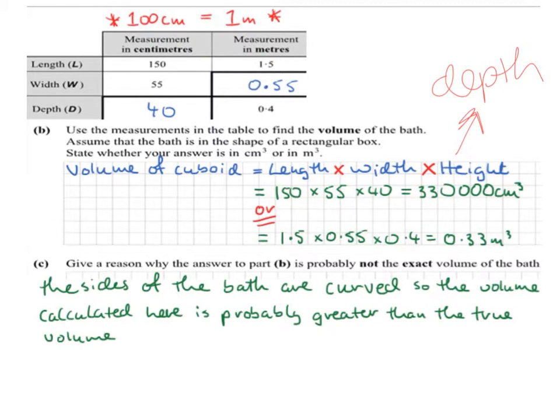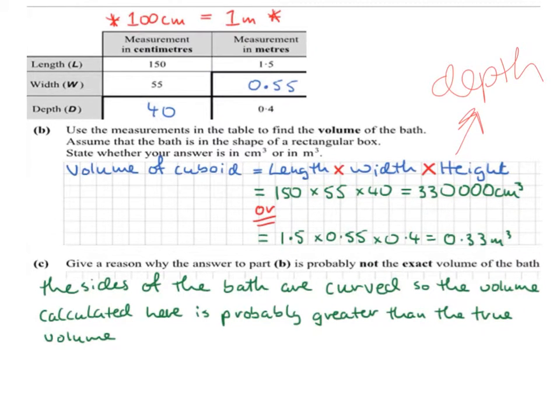Okay, so what we have to do is work out the answer either in centimetres cubed or metres cubed. If we want to work it out in centimetres cubed, we take all the centimetre measurements, which are 150, 55 and 40, and we multiply them together. So 150 multiplied by 55 multiplied by 40 gives us 330,000 centimetres cubed.